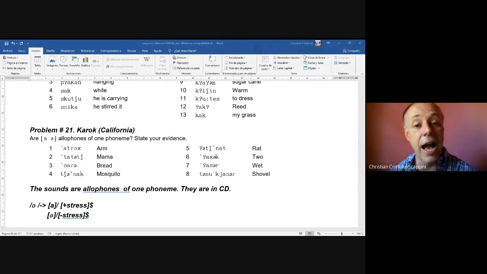we studied allophonic variations. Number one allophonic variation was called vowel reduction, the schwa. Then we studied nasalization, dentalization, velarization, and so on. All these allophonic variations.